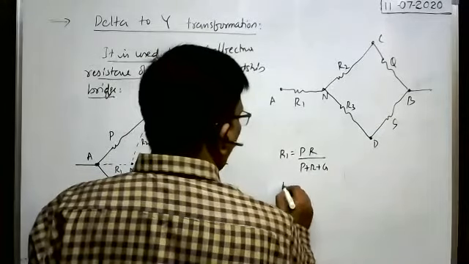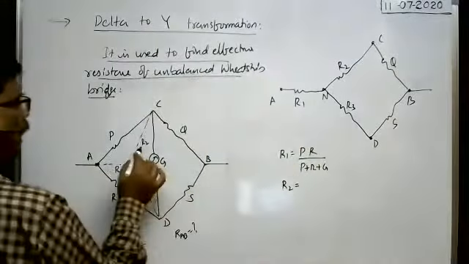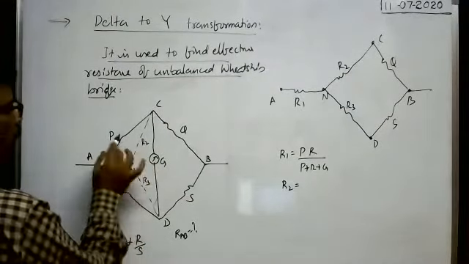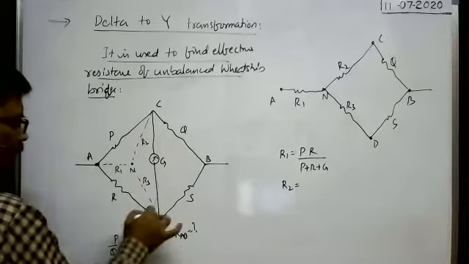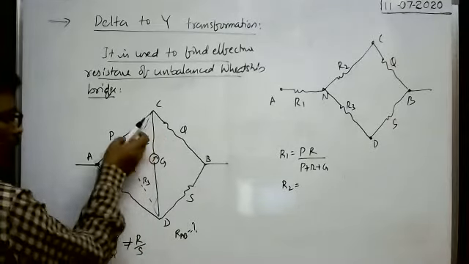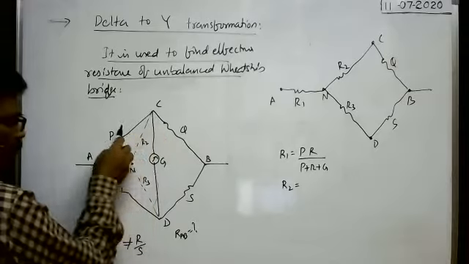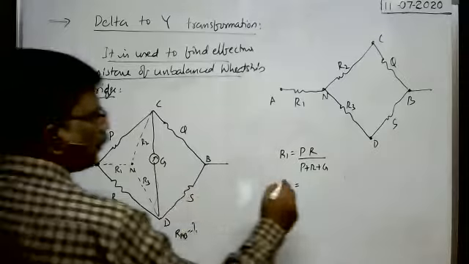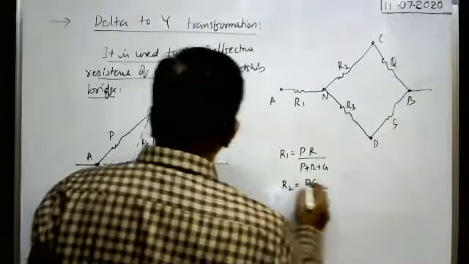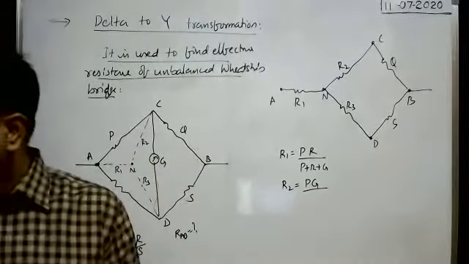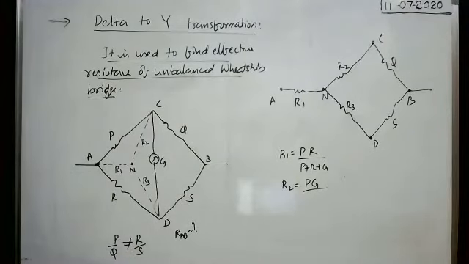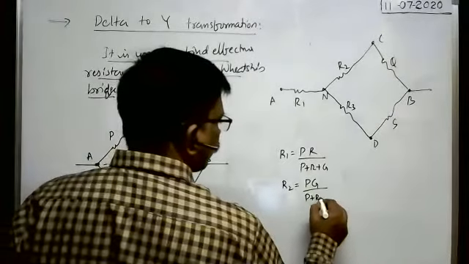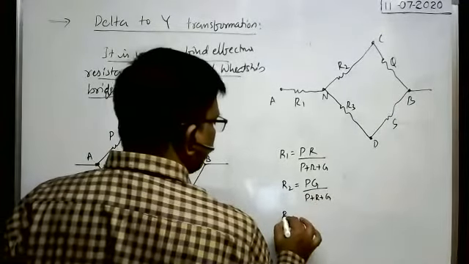Similarly, what about R2? You see, R2 is between P and Q, because this is the delta circuit. In this delta circuit, the junction of P and Q is connected. That's why R2 is equal to P into Q by the total resistance in the delta circuit, that means the same P plus Q plus R. Next, R3.